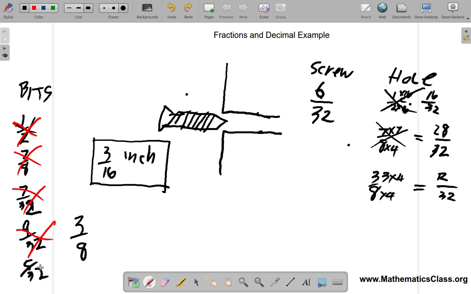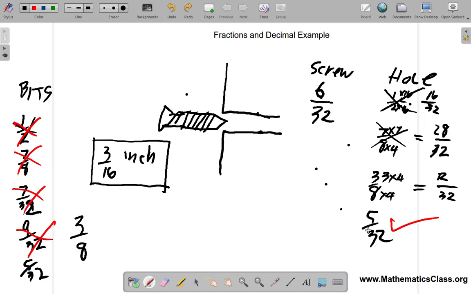What about the 5/32? Let's see. 5/32 is a bit smaller than 6/32. So the 5/32 drill bit is the one that you're going to use. Alright? So in this case, you solve a problem by applying common denominators to the fractions. Good.